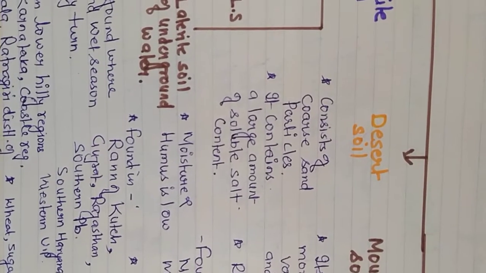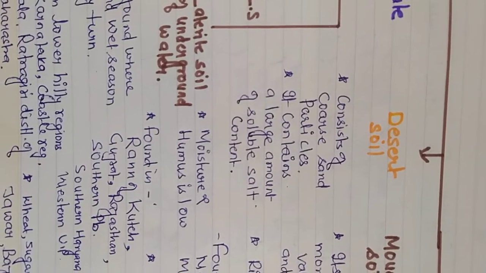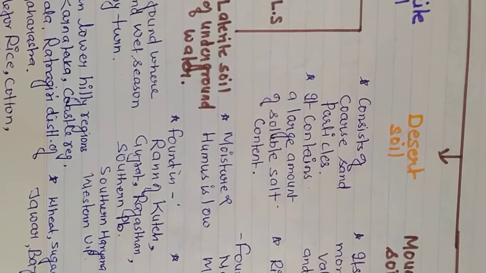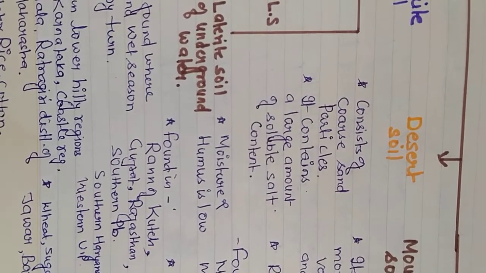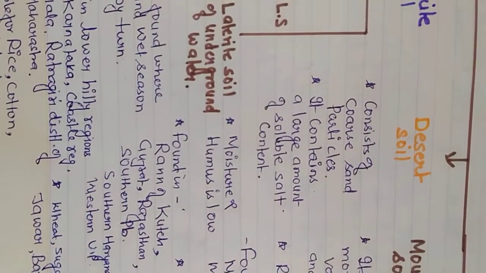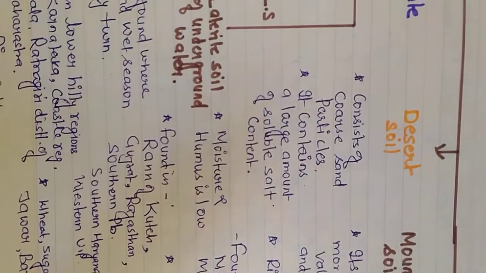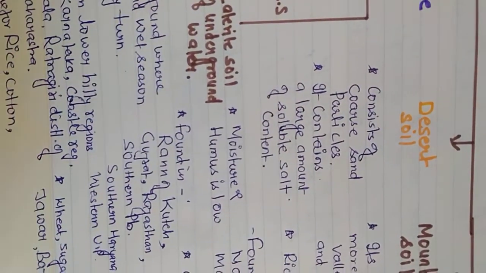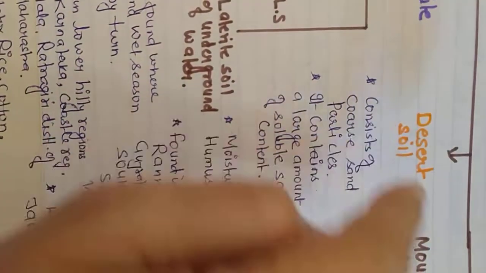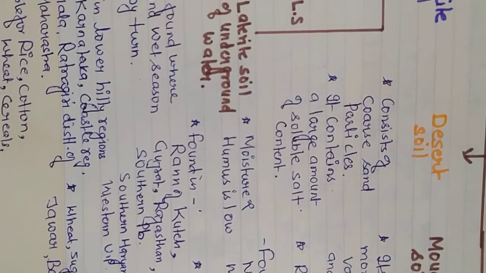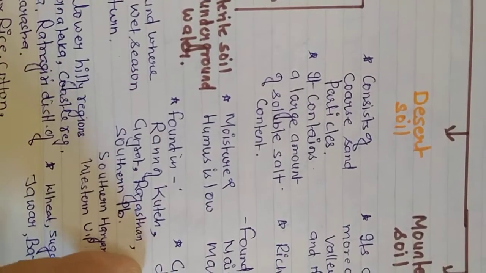Now come to the desert soil. It consists of coarse sand particles. It contains a large amount of soluble salt content. It has some moisture, but the moisture and humus are very low. That is why it is known as desert soil. It is found in the Rann of Kutch.